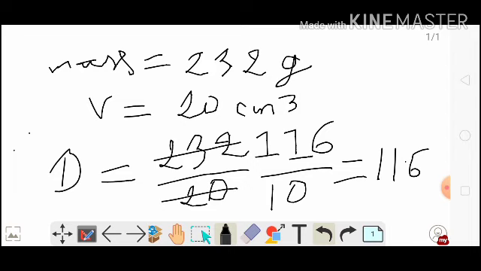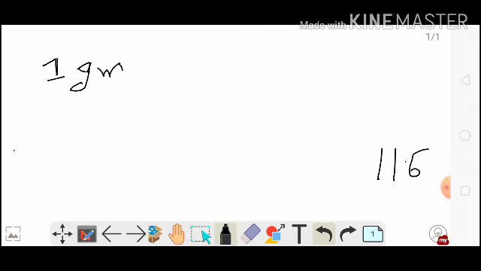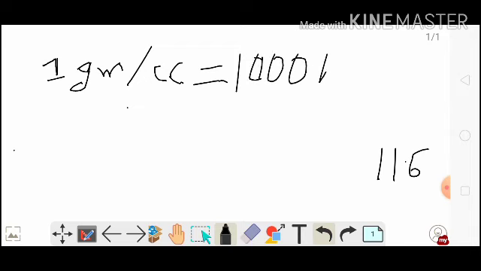Now we have to convert it into kg per meter cube, and we know that 1 gram per cc is equal to 1000 kg per meter cube, or kg meter to the power minus 3.